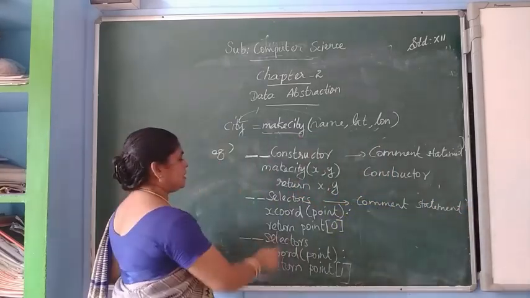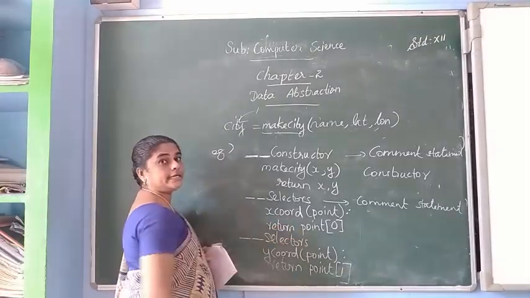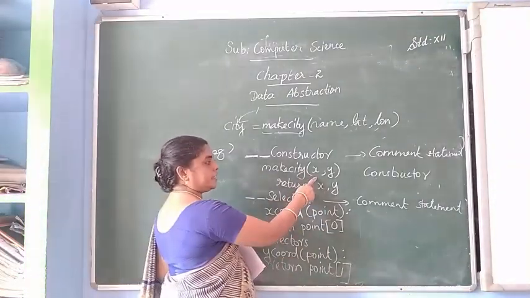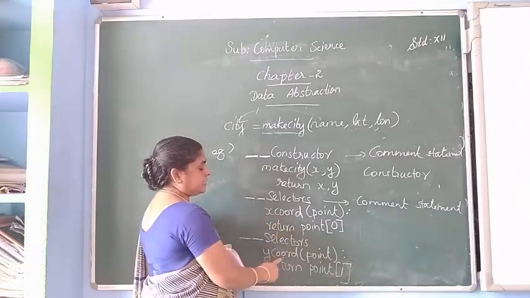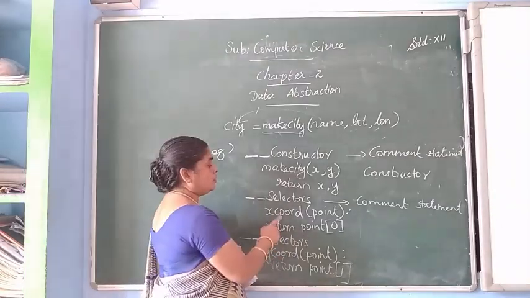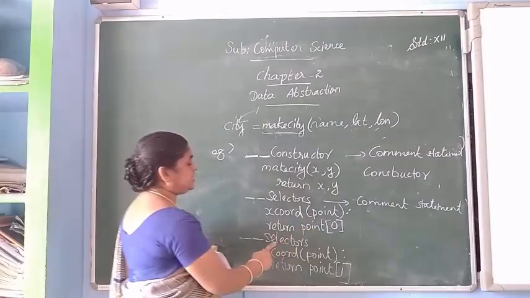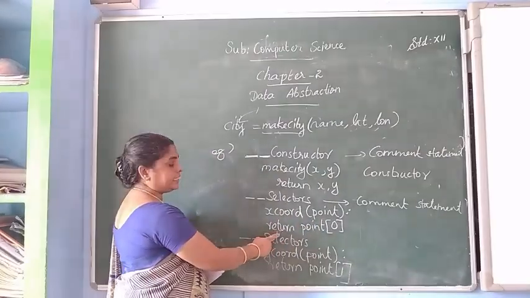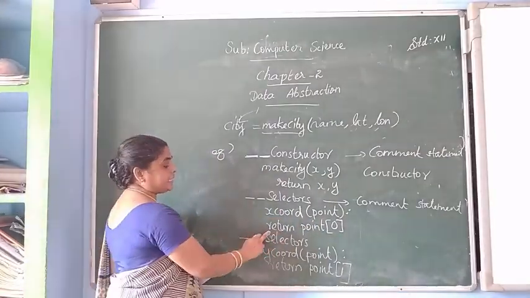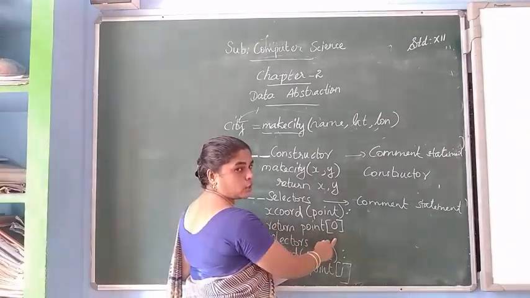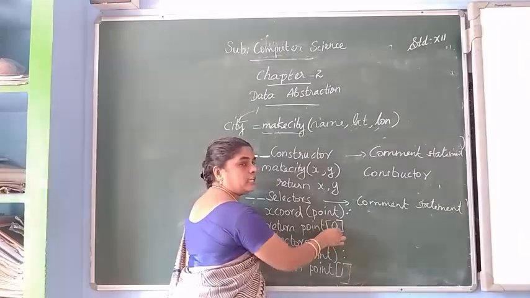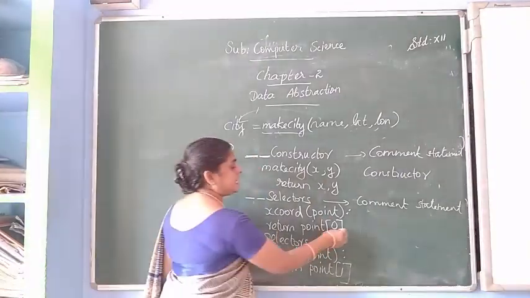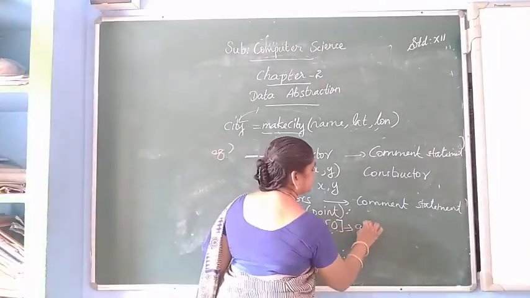See next, what is X coordinate? X coordinate and Y coordinate. First we have to find out the X coordinate value. Next we have to find out the Y coordinate value. So X coordinate of point. Here, how is the output produced? Return point of 0. So it will give the value of selector.